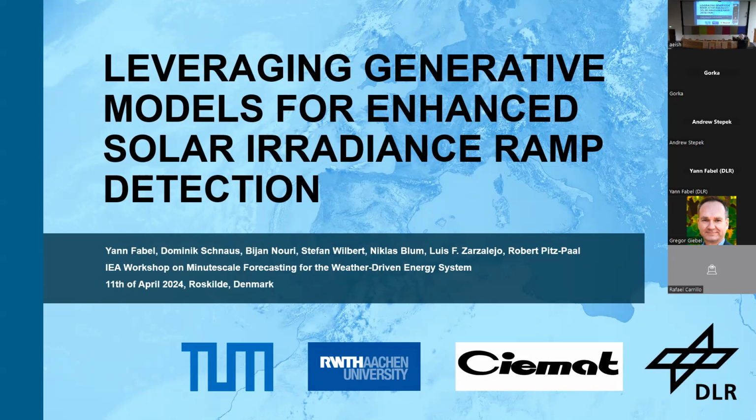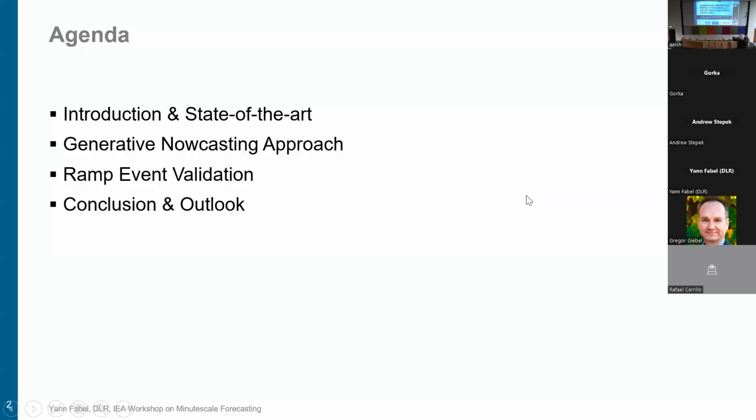This talk is structured as follows. I'm going to start with a short introduction in state of the art, but I'm going to do this very fast because I think you've heard this enough already the last days. Then I'm going to present our generative nowcasting approach, which is quite new.